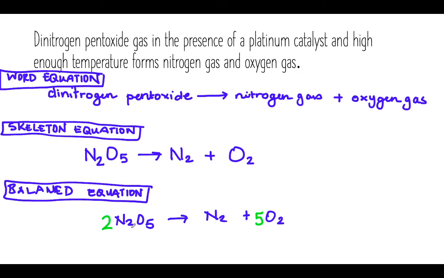Now that does change the number of nitrogens that I have, but that's okay because 2 times 2 is 4, and I could easily put a coefficient of 2 such that the number of nitrogens also is 4 on the right side. So now this is the balanced equation for this particular reaction.